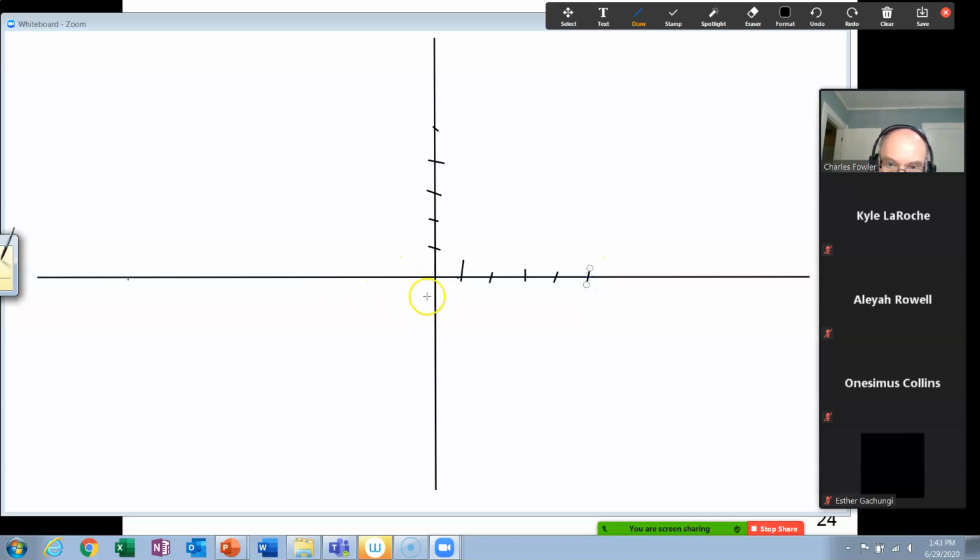This will be 1, 2, 3, 4, 5. Obviously I can't draw straight lines, but I'm not really trying that hard now. 1, 2, 3, 4, 5. Now that would be our sphere if I drew the circle for that. So let me at least do a cursory attempt at what that sphere would be.